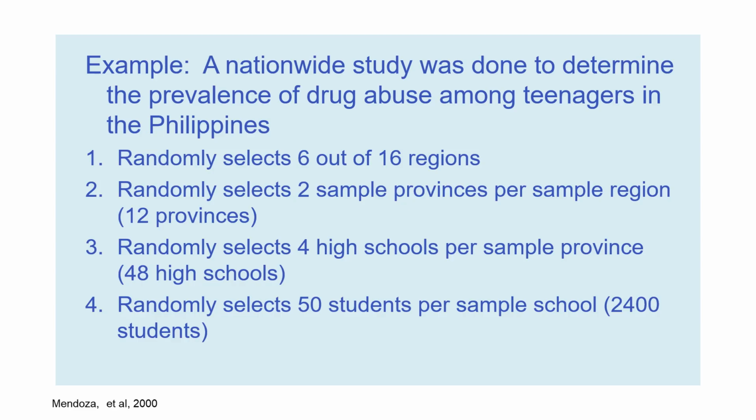This is the second stage. Then from each province, 4 high schools were selected, totaling 48 high schools. Then from each selected high school, 50 students were selected randomly. How many stages do we have? So the sampling design is a 4-stage stratified random sampling design.